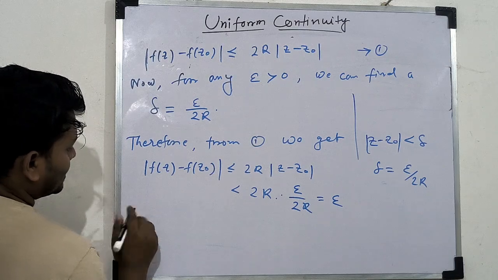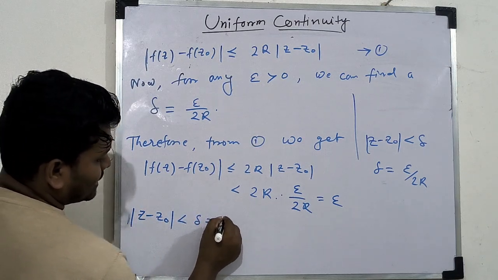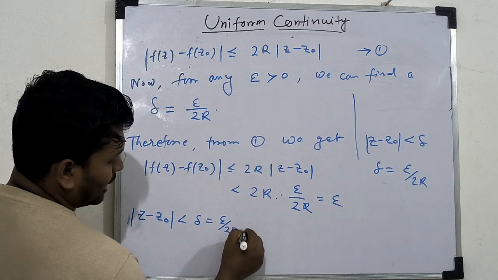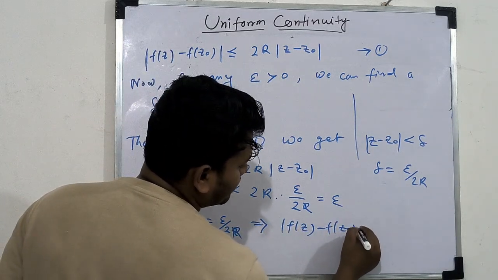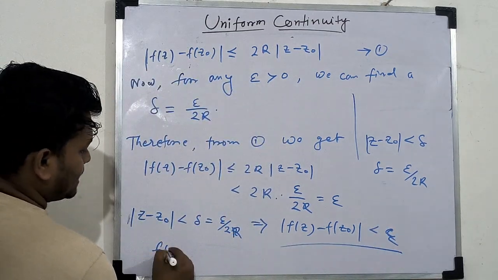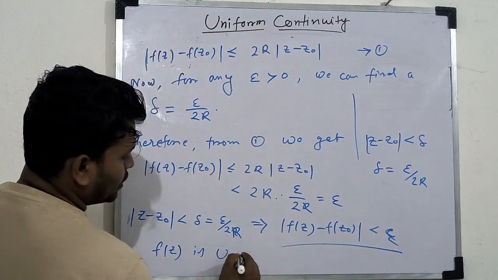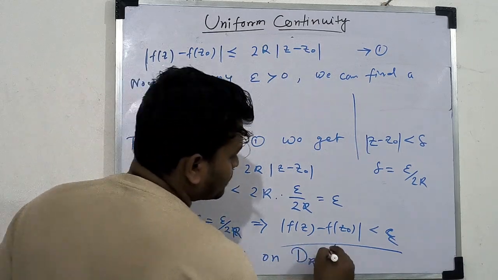So whenever modulus z minus z0 is less than delta, that is epsilon by 2r, this implies that modulus f of z minus f of z0 is less than epsilon. So this means that f of z is uniformly continuous on D_r. How?